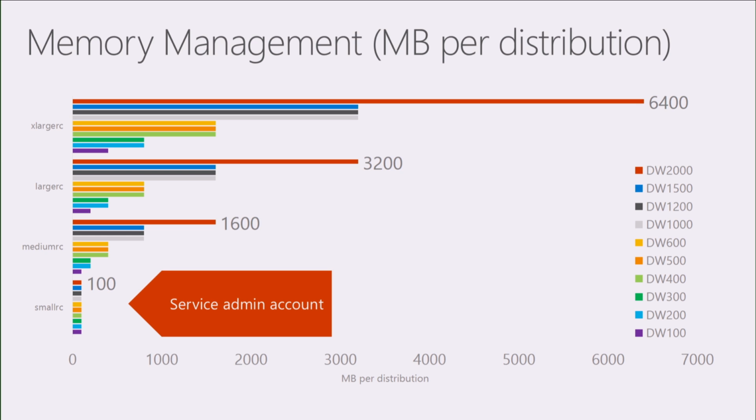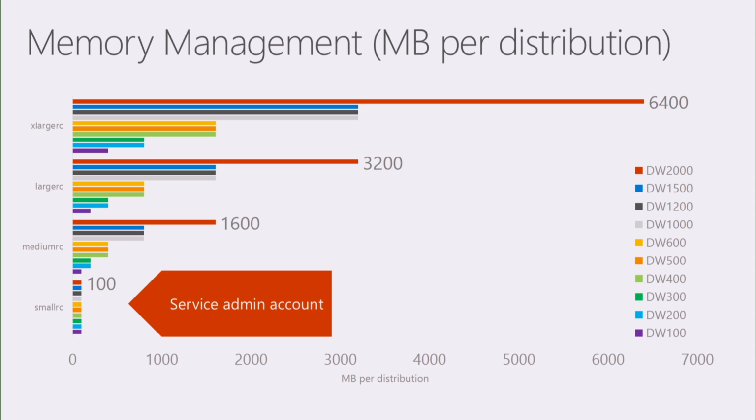If you look here, this is how the memory scales as we increase our resource classes and also our DWU counts. I've only done it up to DW2000 because you just lose total visibility otherwise, right? And frankly, I ran out of colors.